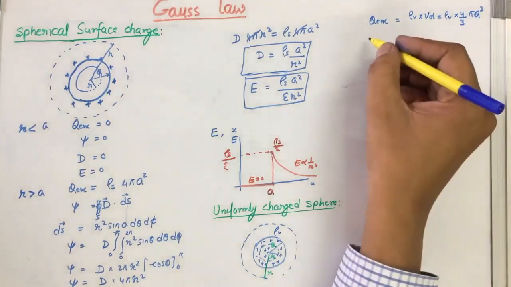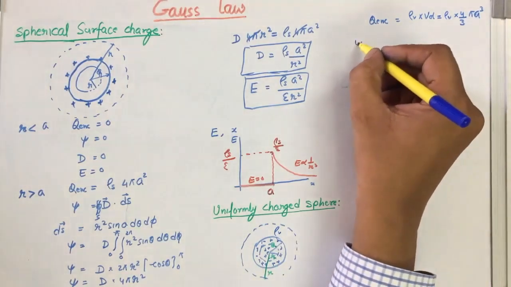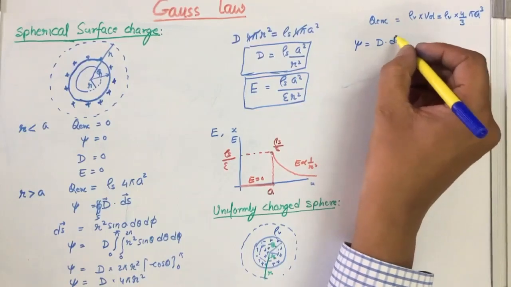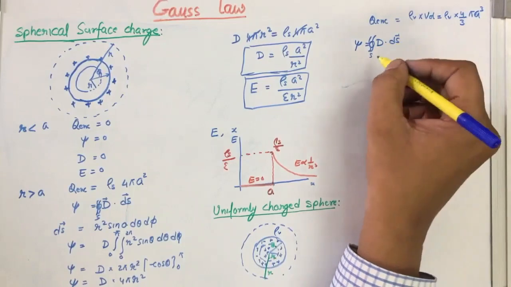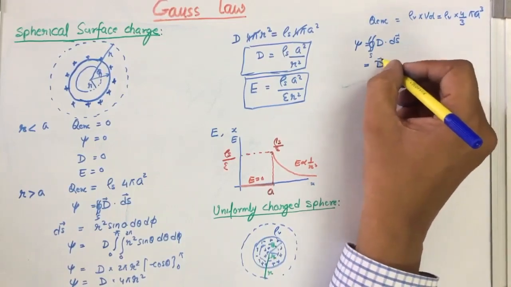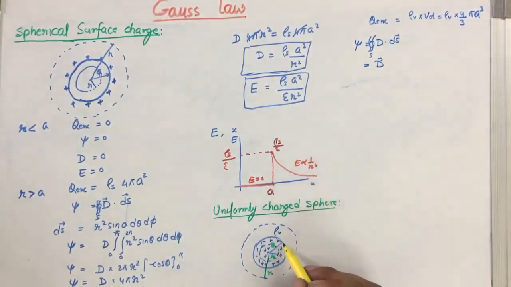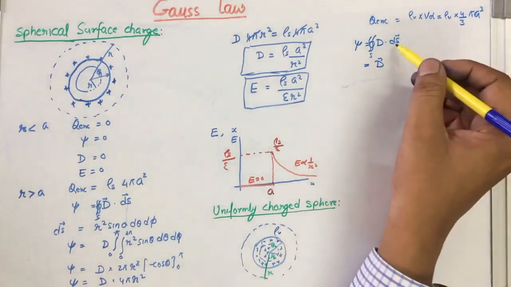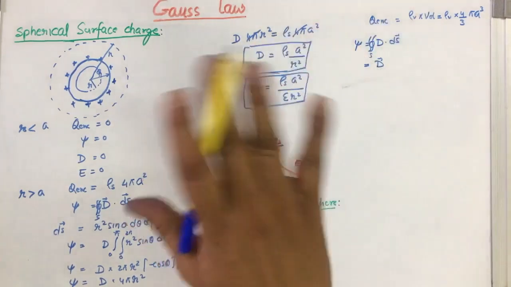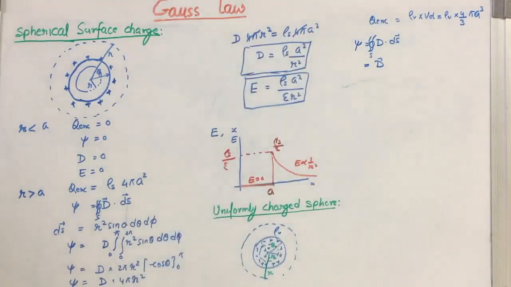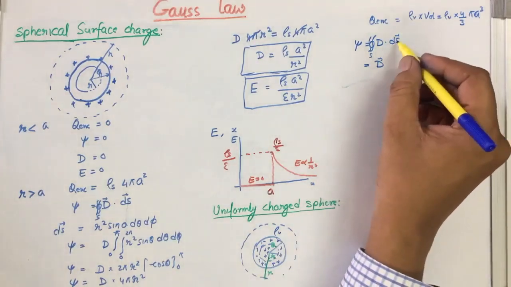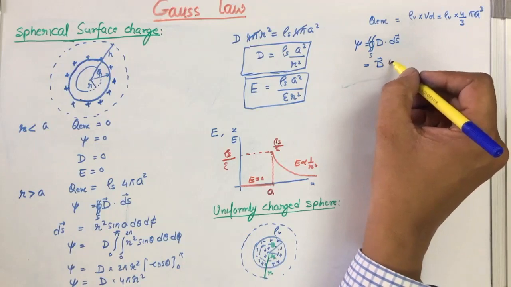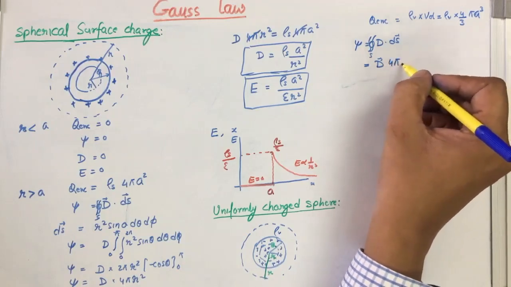Okay, and the flux will be D dot dS. The direction of D will be in the direction of the radial vector, and dS will also be normal to the surface, exactly the same as the direction of D. So the dot product will give you 1. So only area will be left, and spherical area will be 4 pi r square.